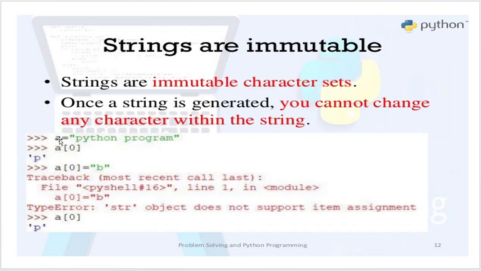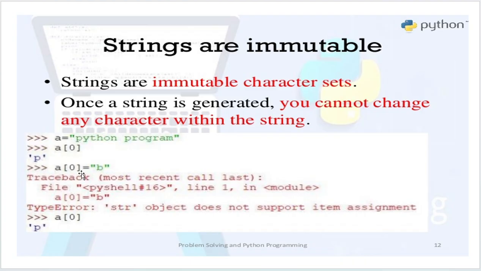For example, a is a string variable holding the value Python program. A of 0 means you access the value present at the 0th index. In the 0th index, P is there, so P is displayed.